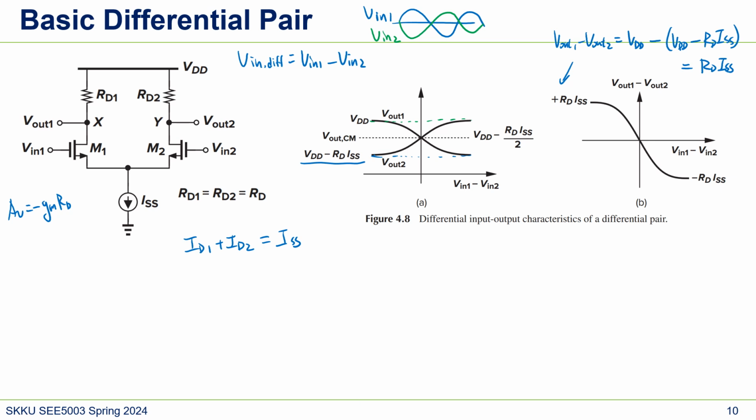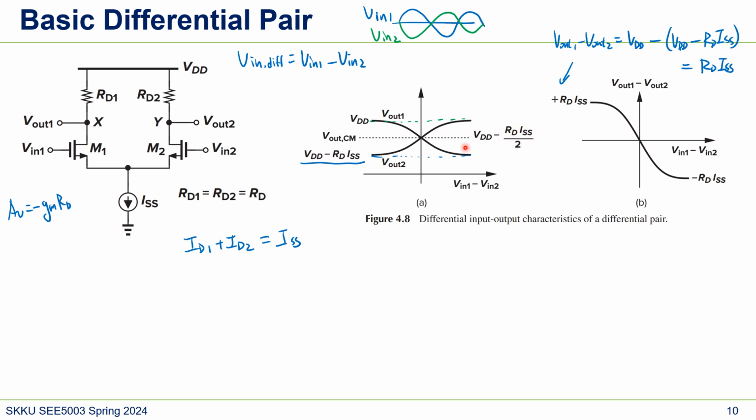And there's the other thing that we can look into, which is V out CM. V out CM means when there's no difference between V in 1 and V in 2. If V in 1 and V in 2 are the same, then that's the voltage when V out CM happens. And you see that there, if V in 2 and V in 1 are the same, then the current will flow half, right? So that's why it is VDD minus RD times ISS over 2.